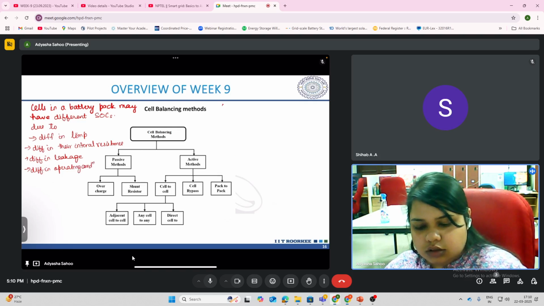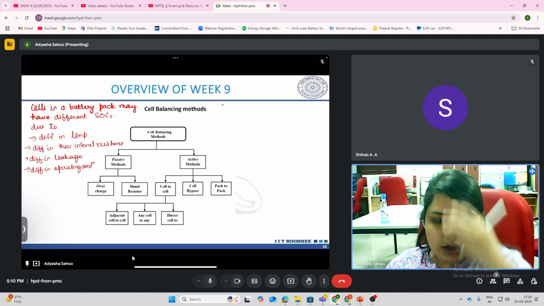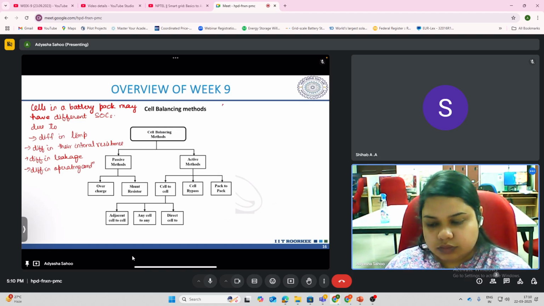So due to all these, the cells in a battery may have different SOCs.